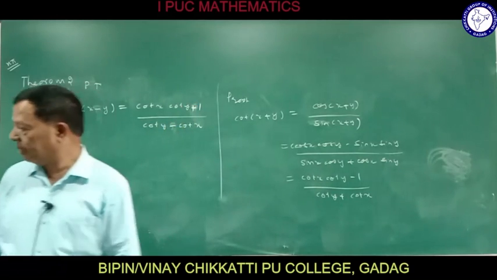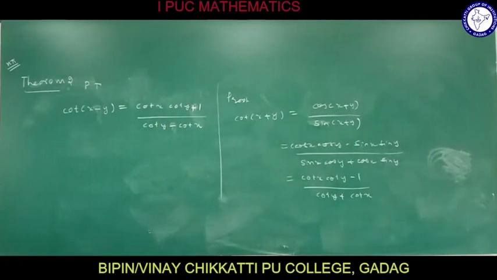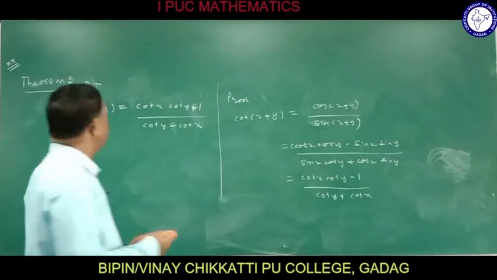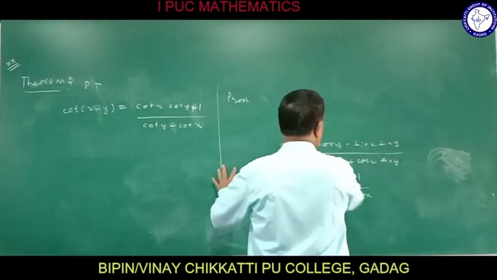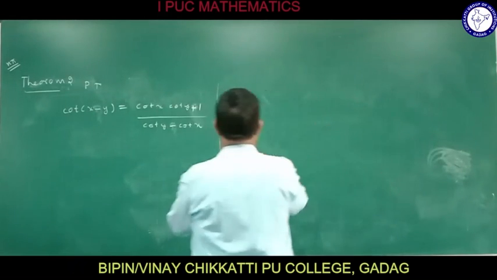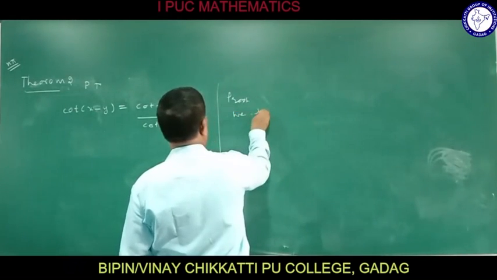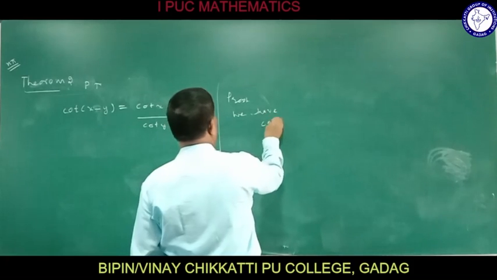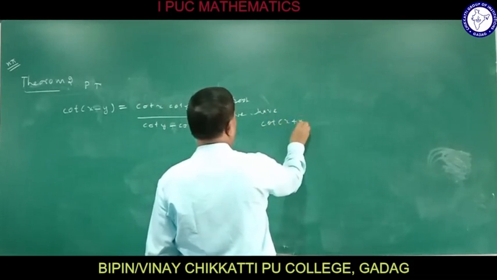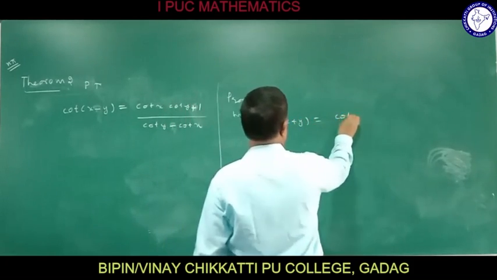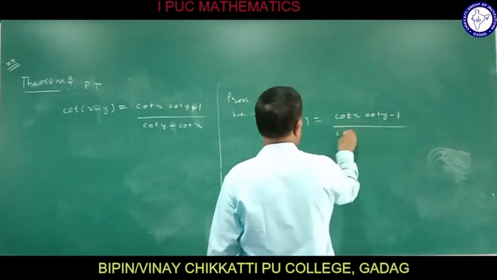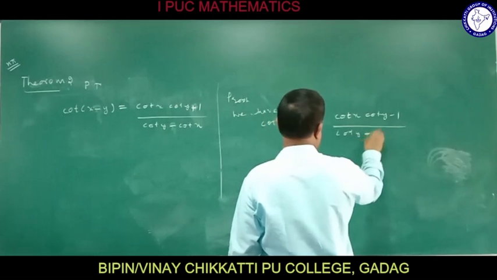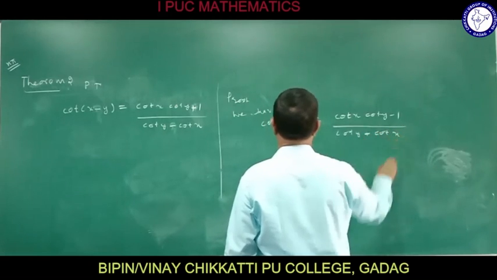When this result is to be proved, first of all you have to understand the result. It's the same result I have to go for. What is the result we have? Cot of x plus y is equal to cot x cot y minus 1 divided by cot y plus cot x.